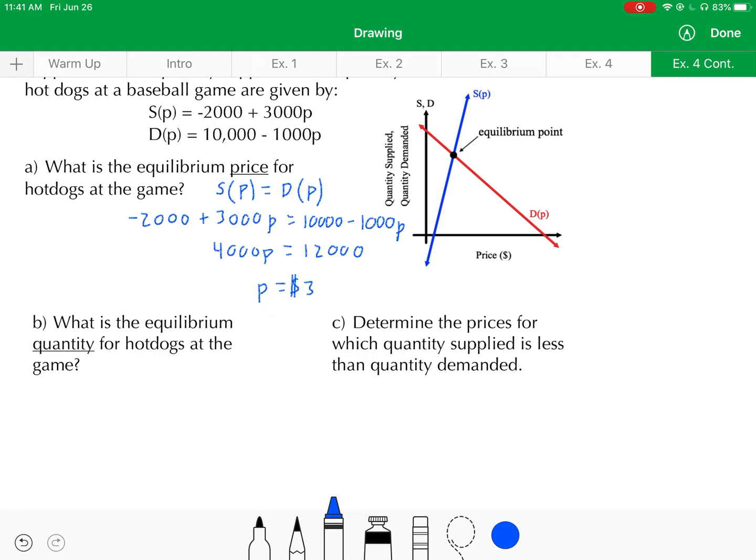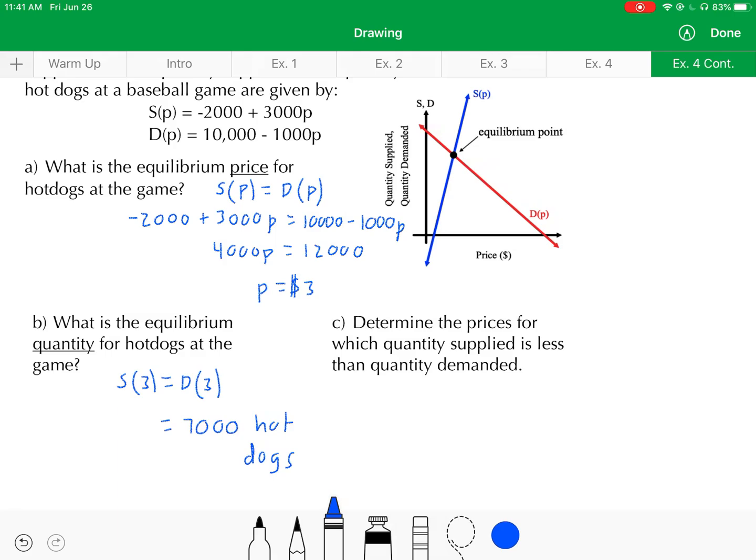So to find this equilibrium quantity, we could find S of 3 or we could find D of 3. It doesn't matter. You could plug the $3 into either function and it's going to result in 7,000 hot dogs. Okay, so we got to sell 7,000 hot dogs at this game.